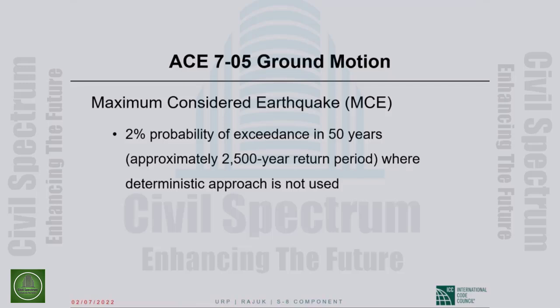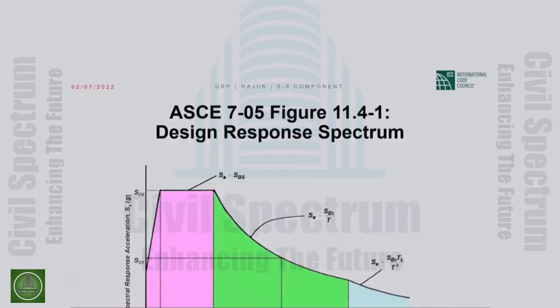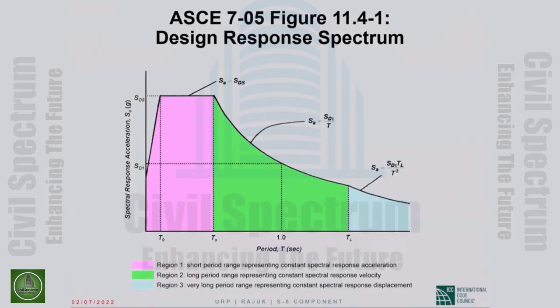That means 10% exceedance in 50 years. Now we are talking about 2% probability of exceedance in 50 years, which is roughly a 2,500-year return period earthquake. So this is the maximum considered earthquake for our purposes in Bangladesh. This is the 2,500-year return period earthquake, 2,475 years to be more exact.